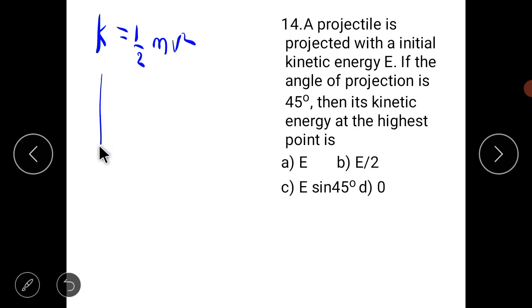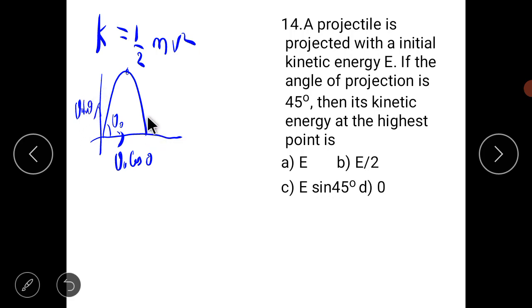When the projectile is projected with the velocity v0, we can split it into components. The angle of projection is 45 degree, so v0 cos theta and v0 sin theta.